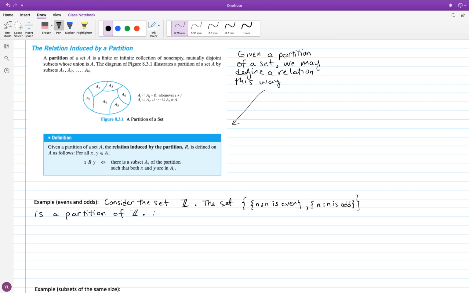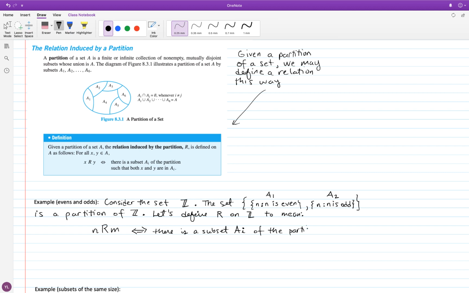From this, using the definition, we're going to define a relation on the integers. Let's define the relation R to mean the following. Given two integers, n and m, we're going to say n R m, n is related to m, if and only if there's a member of the partition that both of those numbers are in. So either n and m are both in the even set or they're both in the odd set.